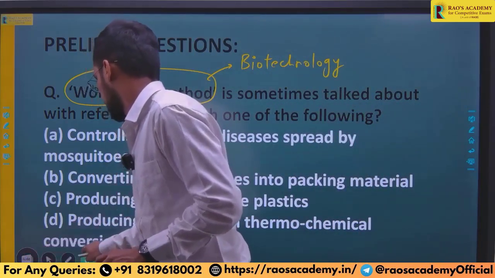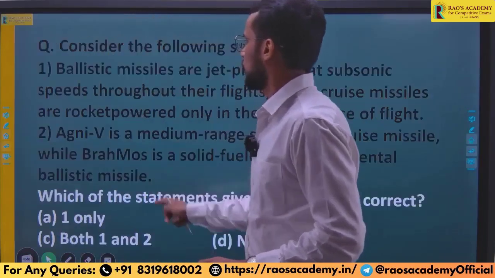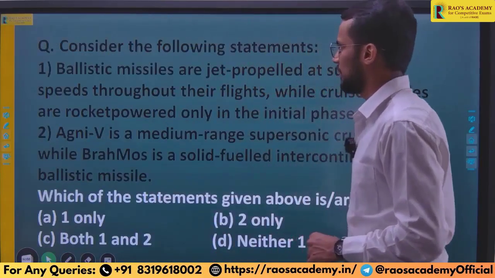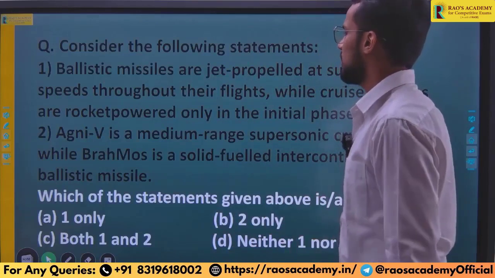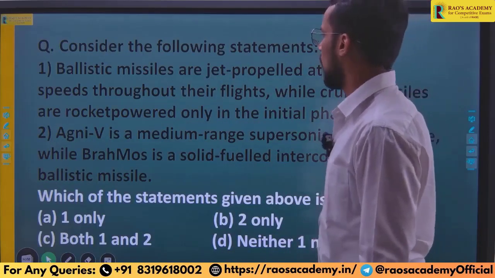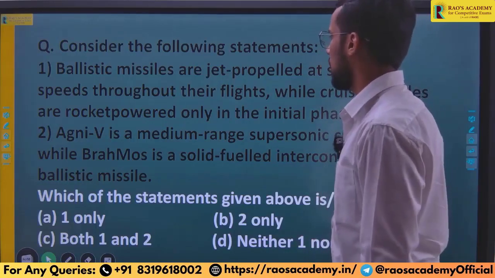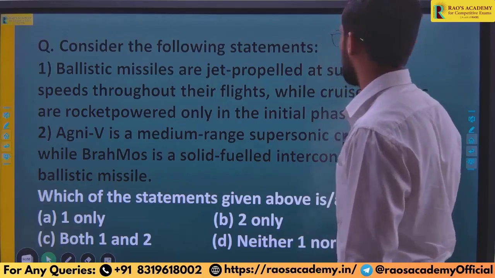Next question is, consider the following statements. First, ballistic missiles are jet propelled at subsonic speeds throughout their flights, while cruise missiles are rocket powered only in the initial phase of flight.